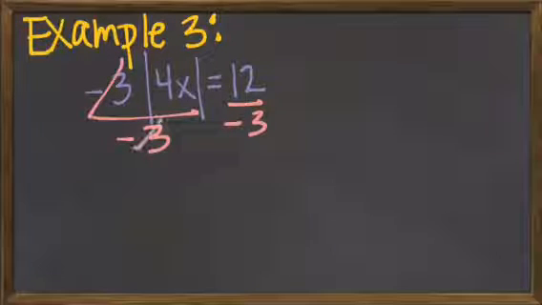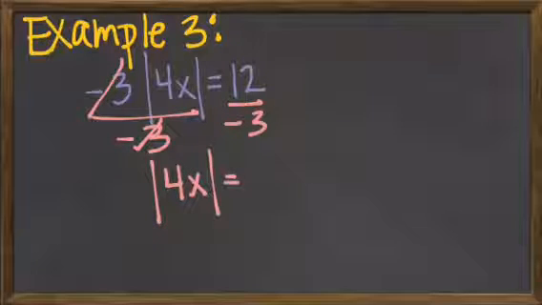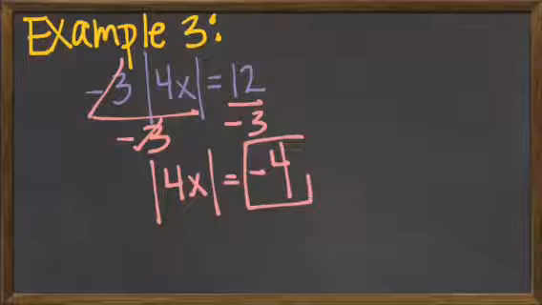That's going to get rid of this negative 3. It's going to give me just plain absolute value of 4x. 12 divided by negative 3 is equal to negative 4. So I have an absolute value that is equal to a negative number. And we know that that is impossible.